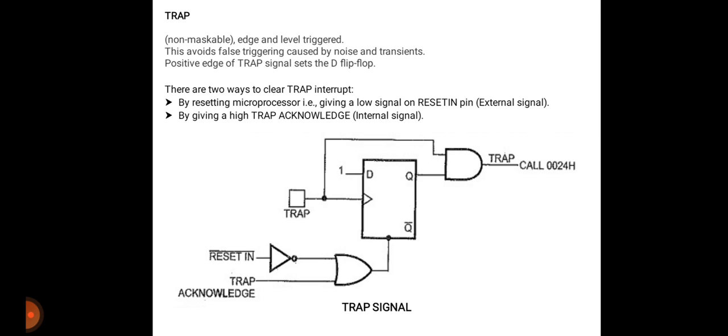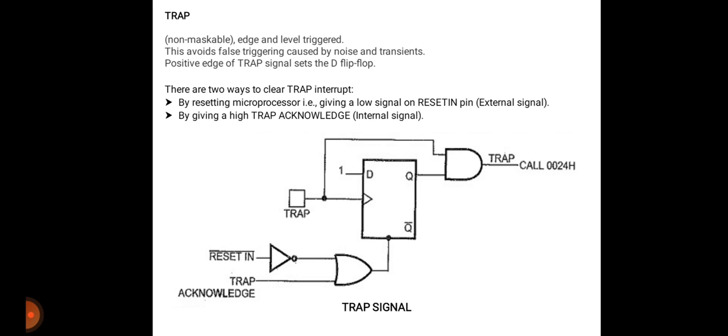As you can see in the figure, the positive edge of the TRAP signal sets the D flip-flop. However, due to the AND gate which is present here, it is necessary to sustain a high level on the TRAP input. Now there are two ways to clear the TRAP input.